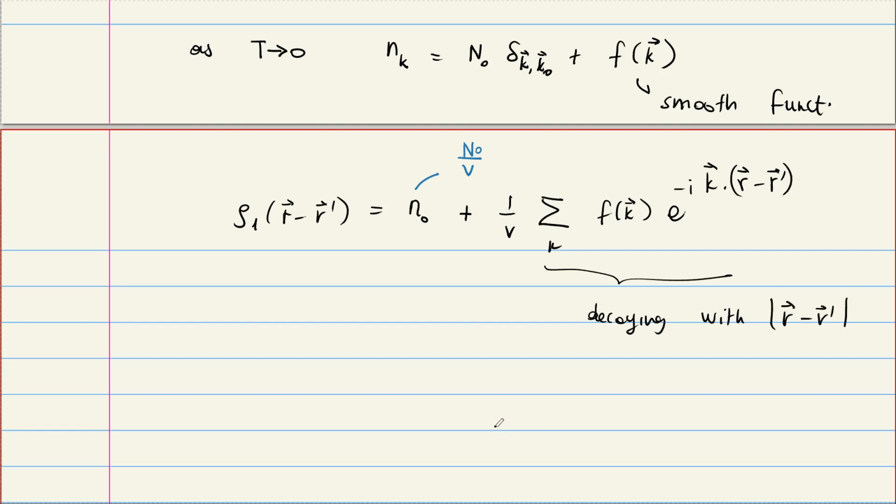And what we find at the end is this expectation value, psi dagger of r, psi of r prime, goes to a constant n0 as r minus r prime goes to infinity.